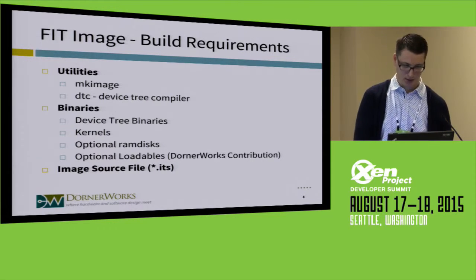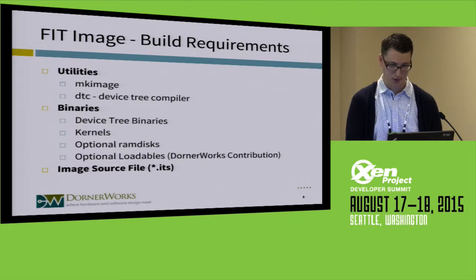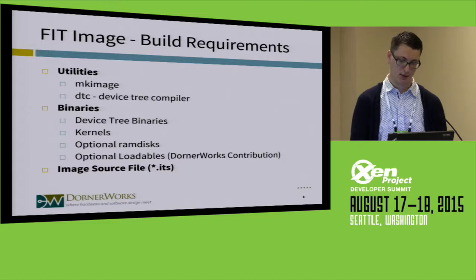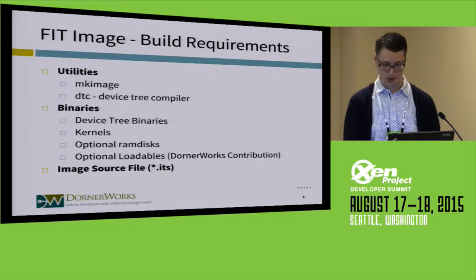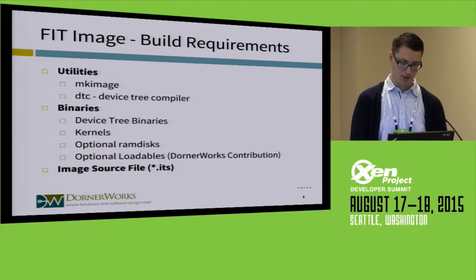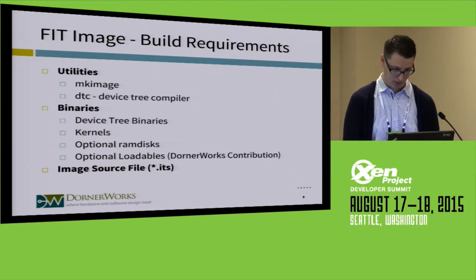Then you also need all of your binaries for your system. So that would be DTBs, kernels, optional RAM disks, and optional loadables, which again was our new contribution. And then you need an image source file, which generally has the .its extension. That's your device tree-like source file.